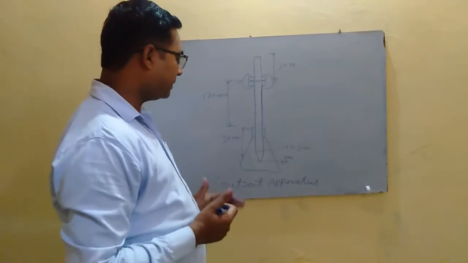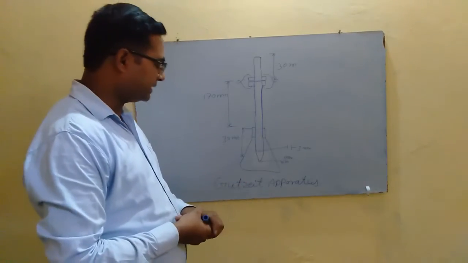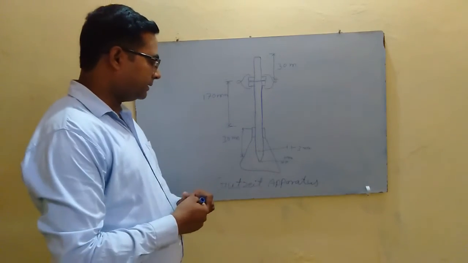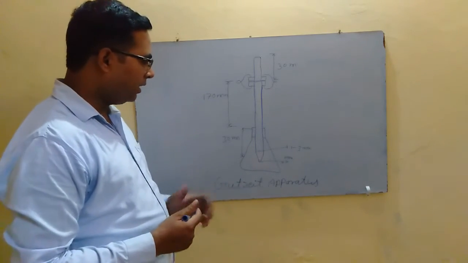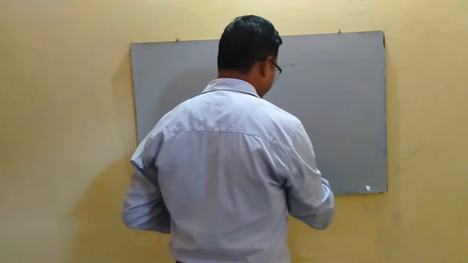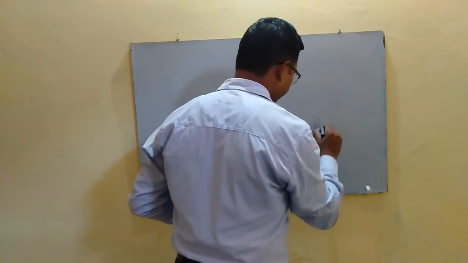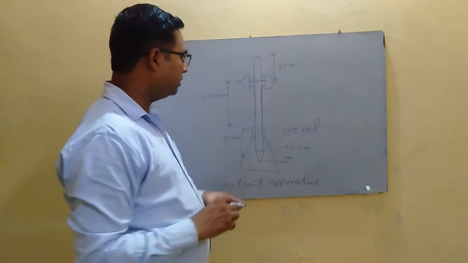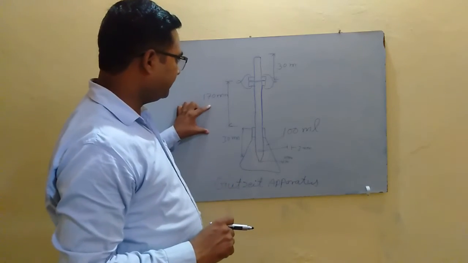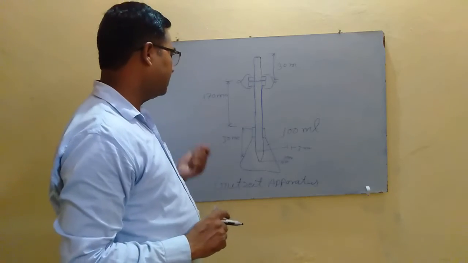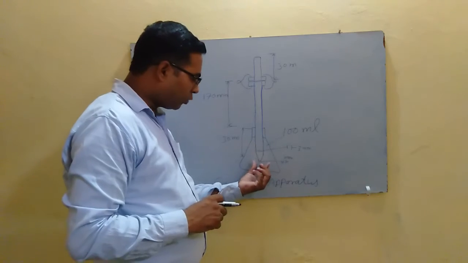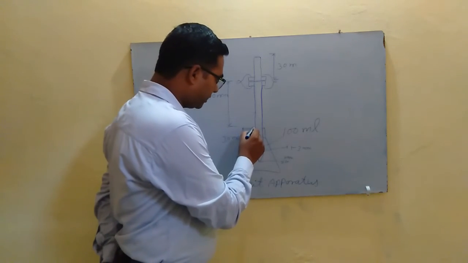A special apparatus used in the limit test of arsenic is called Gutzeit apparatus. This Gutzeit apparatus consists of a conical flask or a glass bottle of capacity 100 ml. A tube of 200 millimeter is inserted inside this conical flask with the help of a cork.